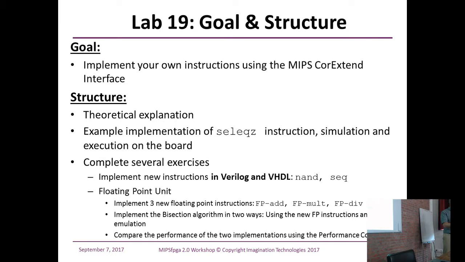Okay, we implemented the add UPC, but we have to change the data path and the control units. Now we are using the MIPS core extend interface, which allows us to externally include new instructions. Obviously, it's much easier, and if you don't have the soft core, you still can do this, okay? But it's much less flexible. You can only implement specific instructions, okay?